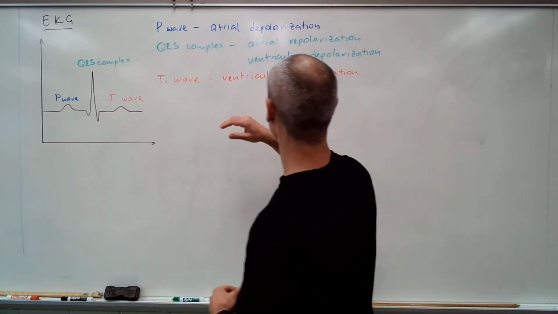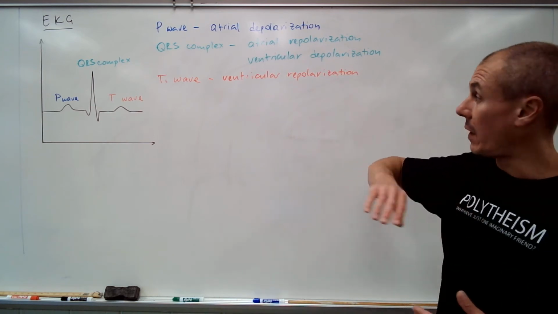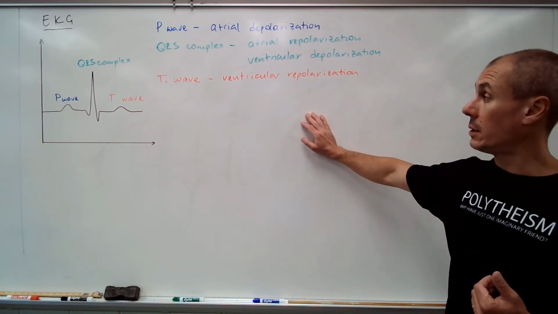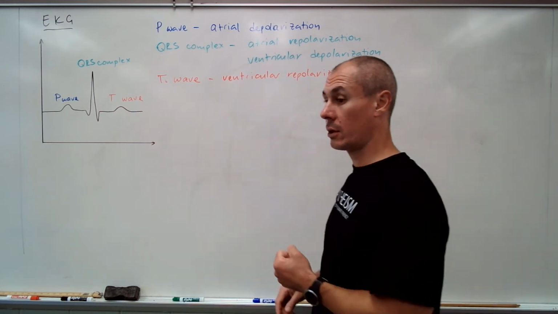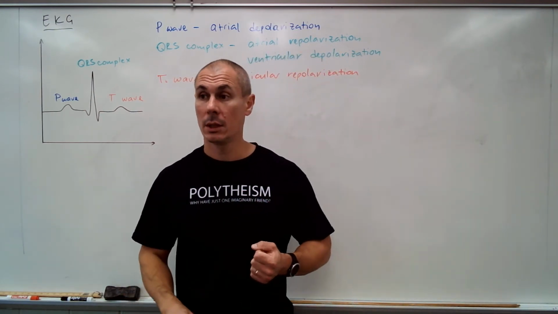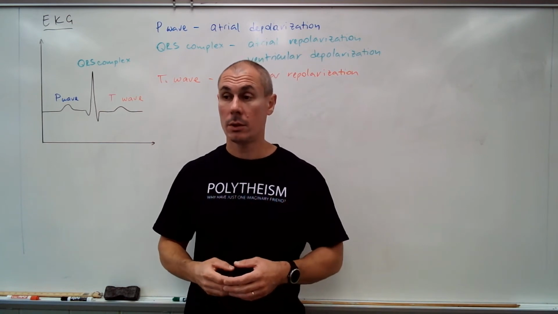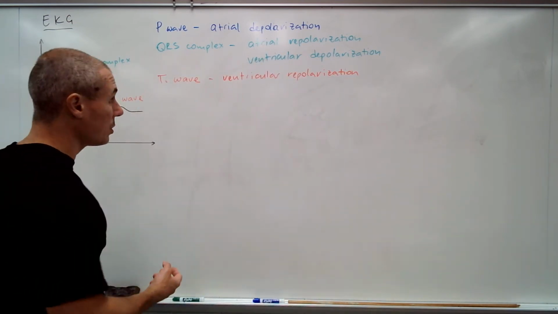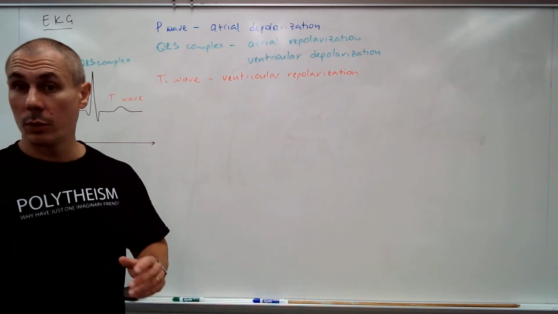QRS complex is two overlapping events, atrial repolarization and ventricular depolarization. T wave, ventricular repolarization.